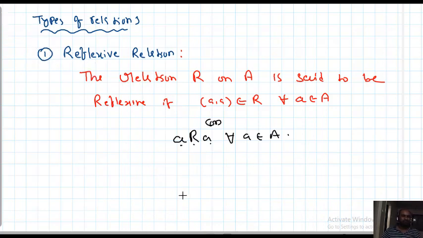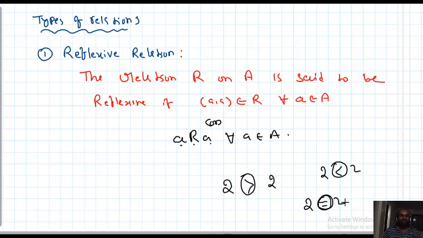I think now it is understood. Take 2: 2 greater than 2, true or false statement? It is false. That's why greater than is not reflexive. 2 less than 2, not reflexive. 2 equal to 2, reflexive. Equality is true, no? 2 equal to 2. That's why equality is reflexive. Parallelism is reflexive. Perpendicularity is not reflexive. Greater than is not reflexive.